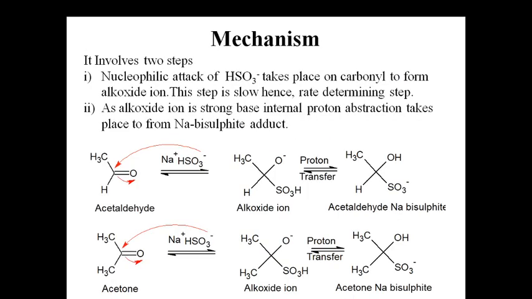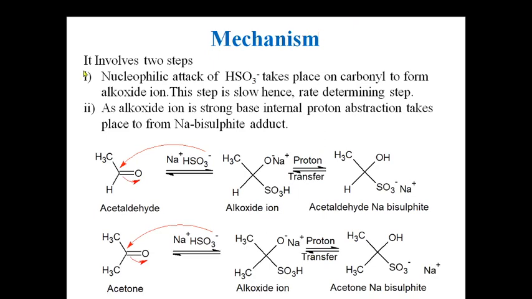See the mechanism, how you are getting that final product. Okay, let's see the mechanism of this reaction. So it involves two steps. So nucleophilic attack of bisulfite ion takes place on the carbonyl. So it becomes an O minus, that's the alkoxide ion, and Na plus will be the counterpart. So in the first step, you will get this alkoxide ion, which is a very strong base, and it internally abstracts this proton.